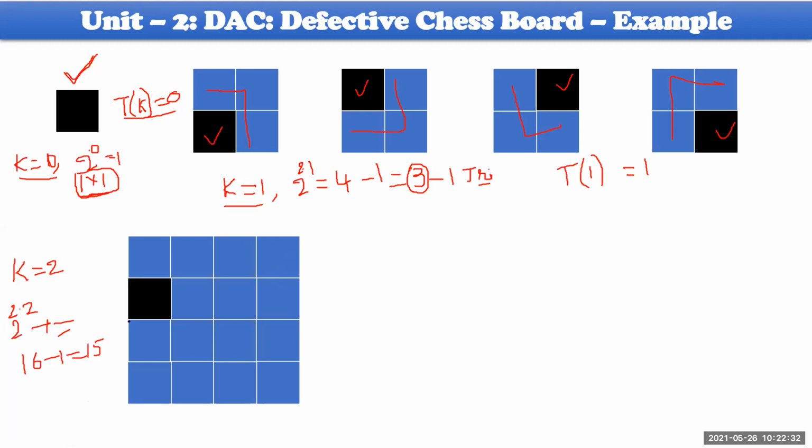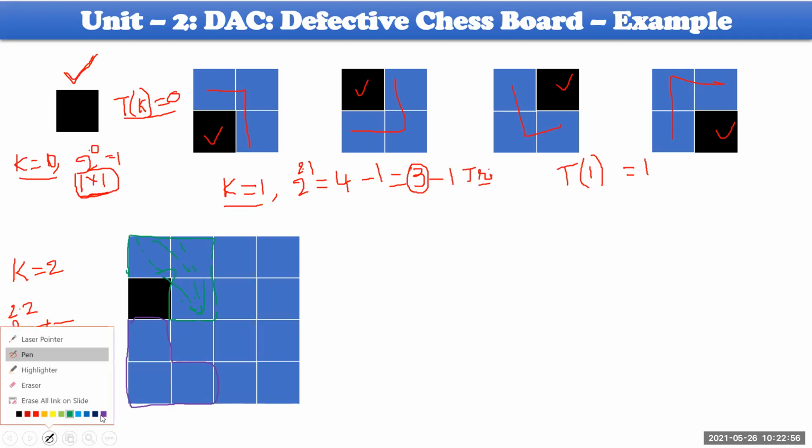So this is one particular possibility. This is the first triomino I would like to take into consideration. And the second triomino will be taken into consideration. This is the second triomino I would like to take into consideration to be filled with. Let me draw some things here.